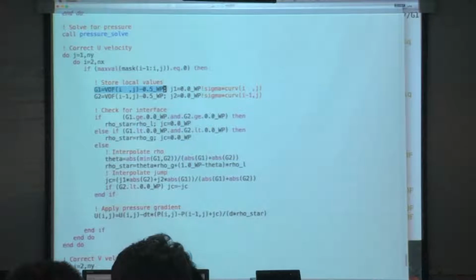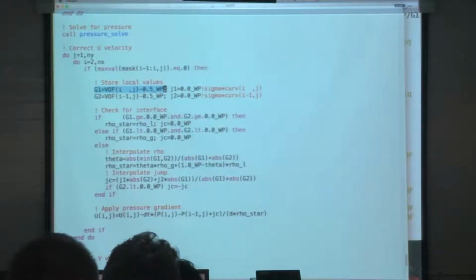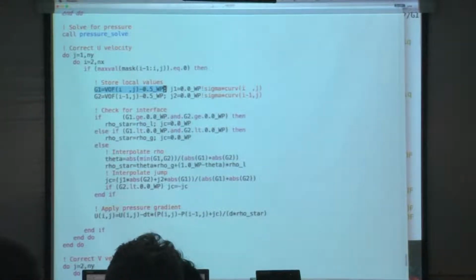I'm going to be using that in my sharp ghost fluid methodology. Before we were using the level set equal to 0 as an isosurface that represents the interface. Now I'm going to be using the volume fraction isosurface of 0.5 as a representation of where the interface is as far as the flow solver coupling is concerned.